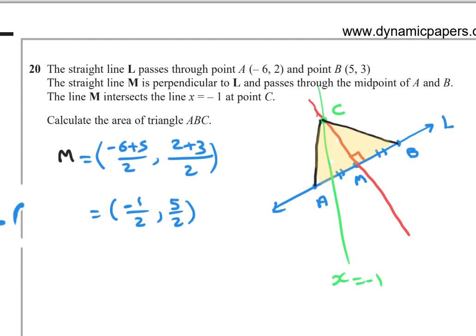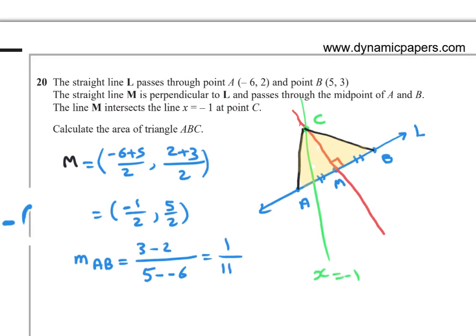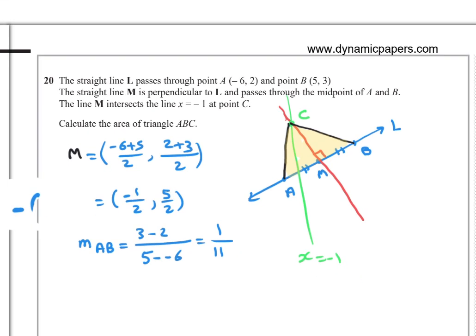This is point M. To find the equation of the line M, we need the gradient of AB: (y minus y) over (x minus x), so (3 minus 2) over (5 minus -6), equals 1 over 11. So the gradient of the perpendicular is -11. The equation of the perpendicular, which is line M, is y equals -11x plus c.